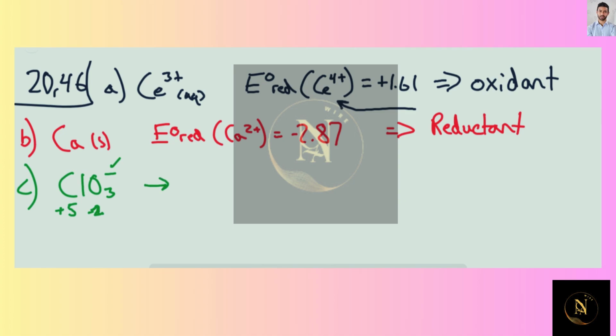So what this means is we have a chlorine with a +5 charge, and we know that chlorine's most favorable oxidation state is -1, so that means it's easily reduced. It's very likely to gain electrons to go to Cl-, so that means it's going to act as an oxidant.